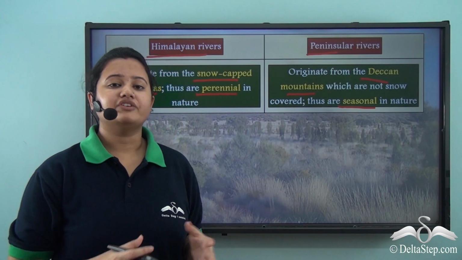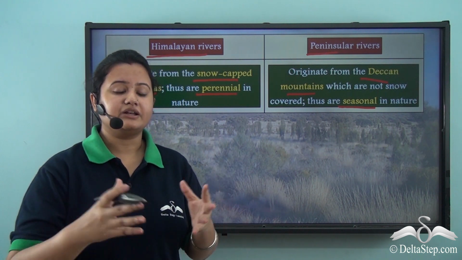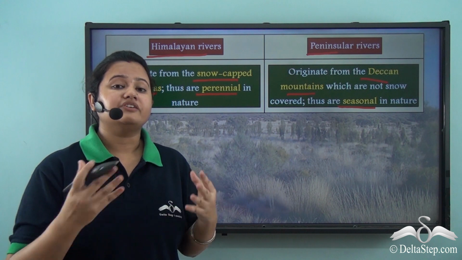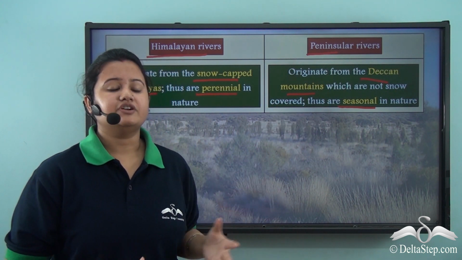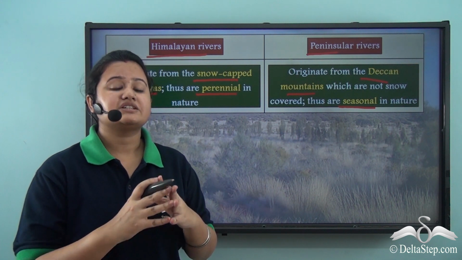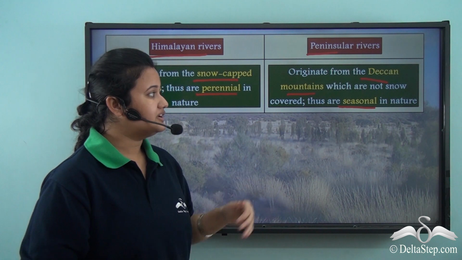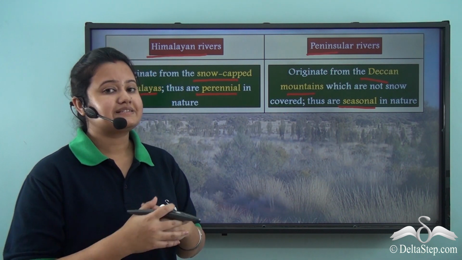Rather, peninsular rivers are rain-fed, that is, these rivers increase in volume during monsoon season or during rainy days. And therefore, these rivers are seasonal rivers because in India, it does not rain throughout the year. So, these rivers are seasonal in nature and they dry up during summer season.